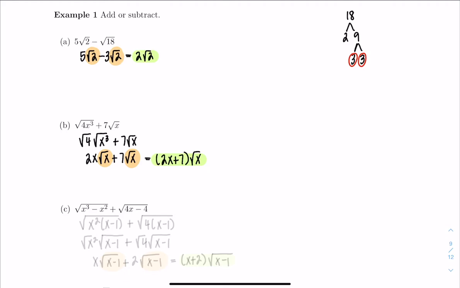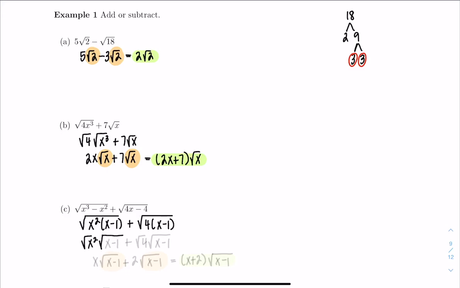For part C, we just need to simplify a little bit. Let's see what we can do as far as factoring the inside pieces. So we can pull a greatest common factor of x squared out, and we're left with x minus 1. We can also pull out a greatest common factor of 4 in the second radical, and then we can split these up.